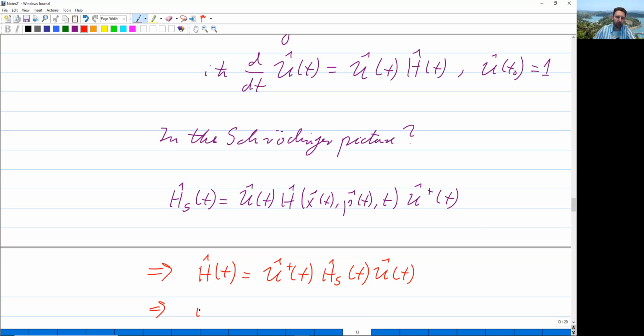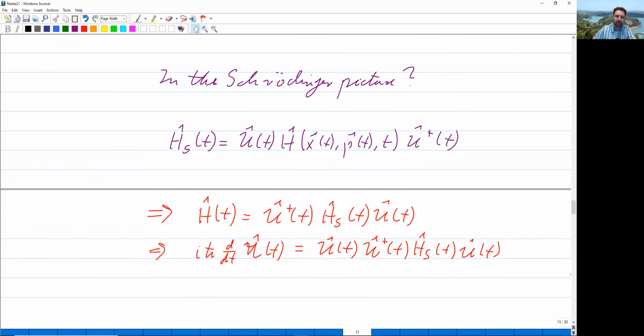So you now have i h bar d by dt of u hat of t equal to u hat of t, and then the Heisenberg picture Hamiltonian, which is u hat dagger of t, Schrödinger Hamiltonian, u hat of t.